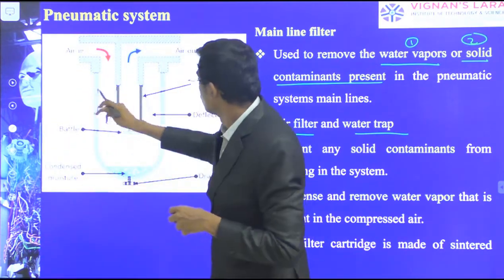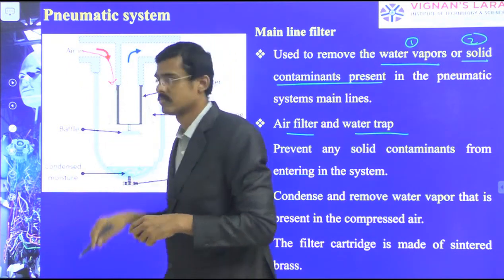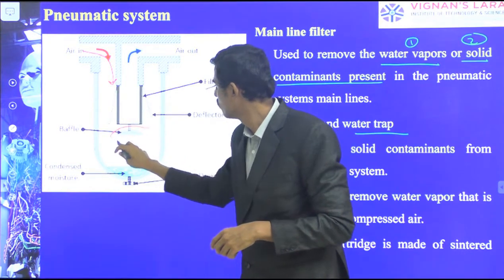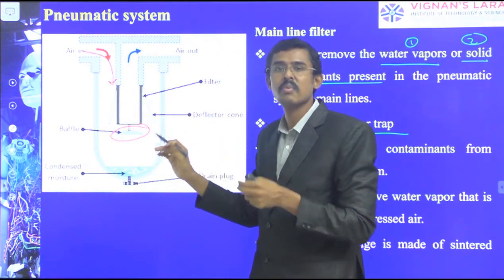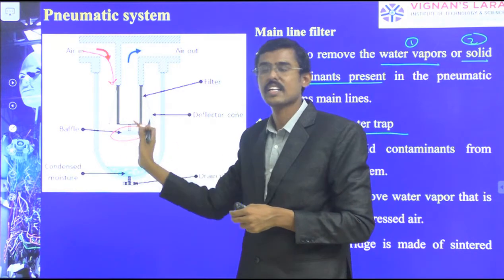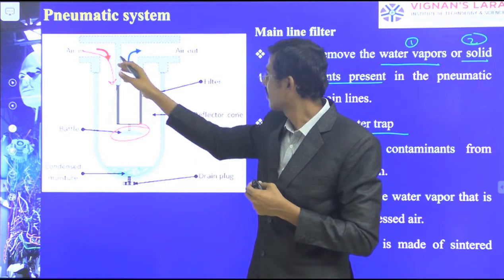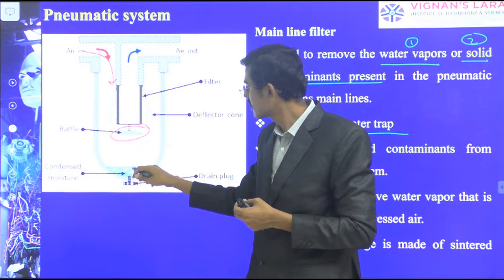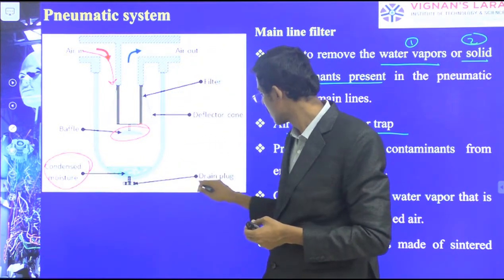See, the air takes the inlet here, and then the buffer is doing the job, keeping on pressing and cooling. This vibration makes an impinging action between the air, which contains dust particles and impurities, and the condensed mist, and the water is drained out.